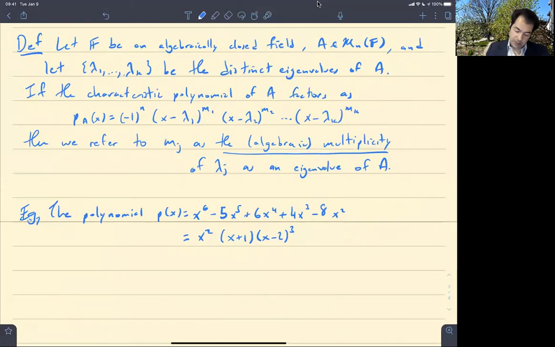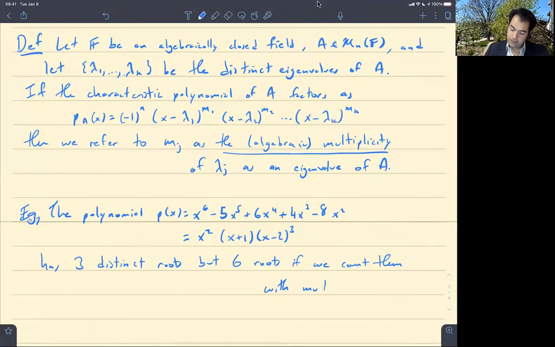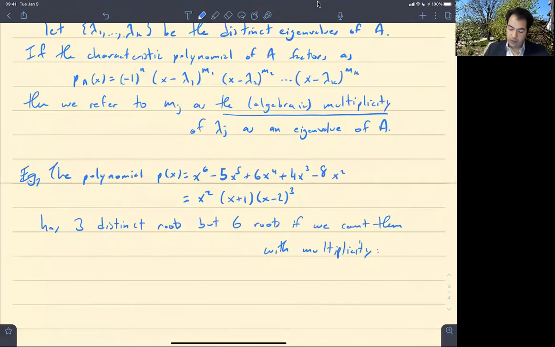So this polynomial has 3 distinct roots, but 6 roots if we count them with multiplicity. Right, in which case you could think of the roots as being 0, 0, minus 1, 2, 2, 2. It's a polynomial of degree 6, so it should have 6 roots, and it does if you count them with multiplicity.